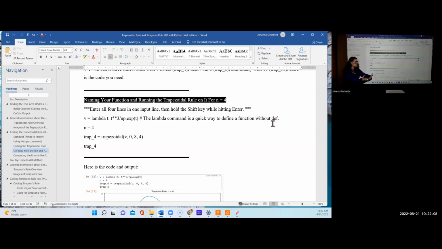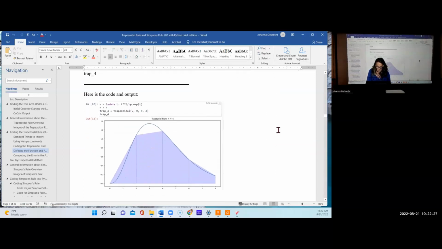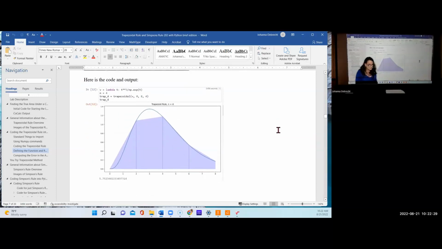So when it returns the result, it's going to store it under trap4. So I want to call up the function. V is the function, the integrand. Integrate from 0 to 8, use 4 different trapezoids. And then I want it to print the value of trap4. So here's what happens when we call up that routine and execute that line of code.